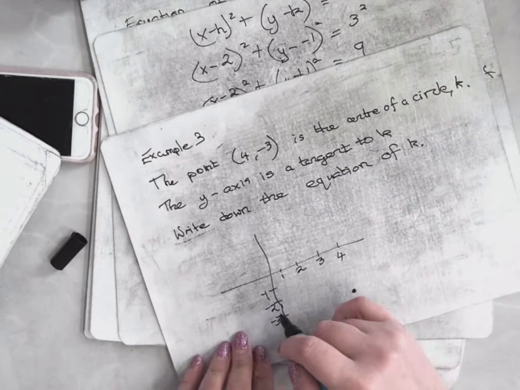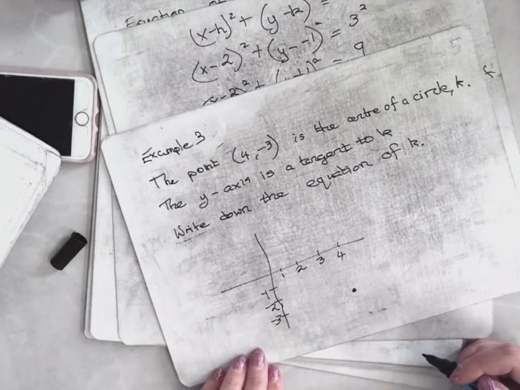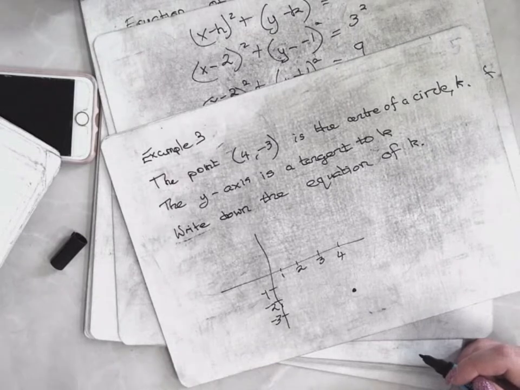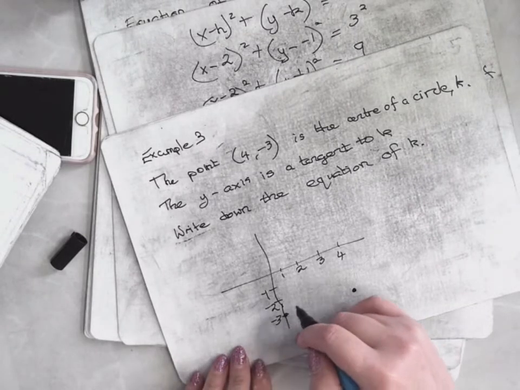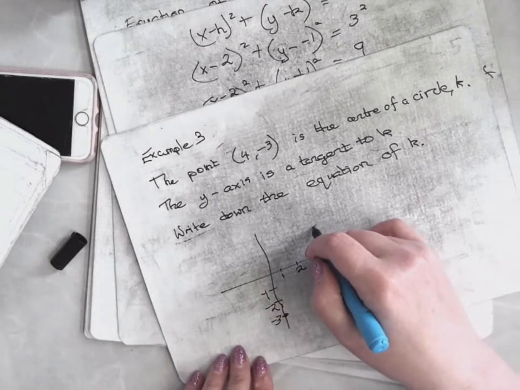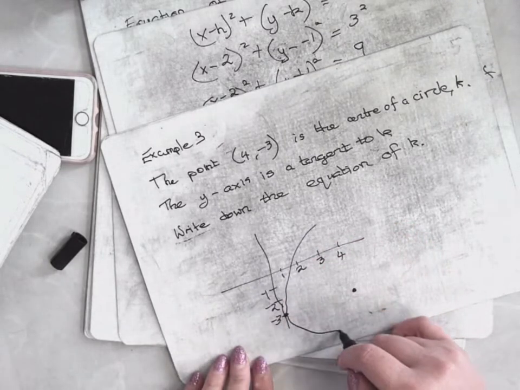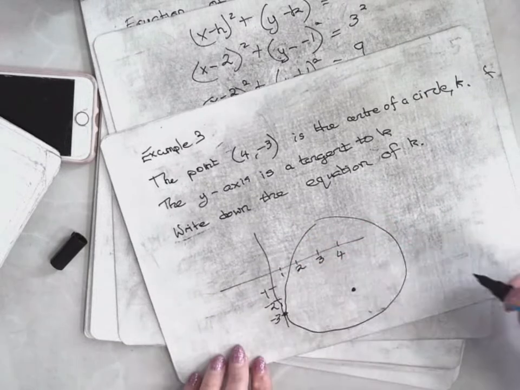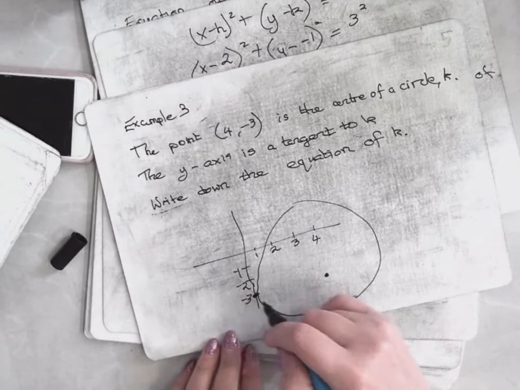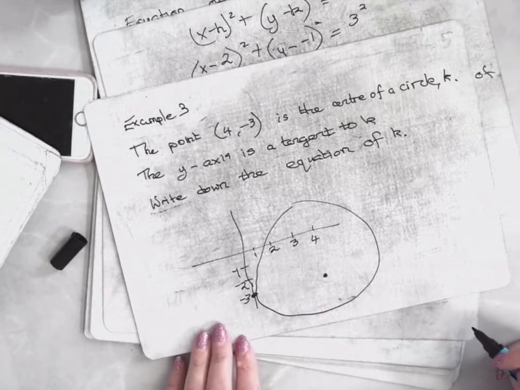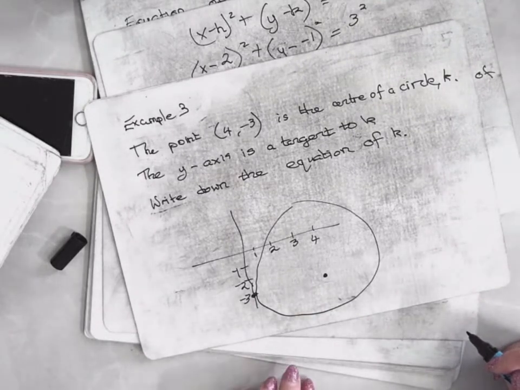Remember, a tangent is a line that touches the circle at one point only. I don't know how big the circle is, but it touches there. Now that's really badly drawn, but you get the idea? It touches at one point only. So you can tell the radius from the diagram.